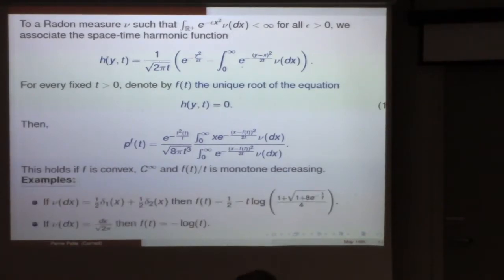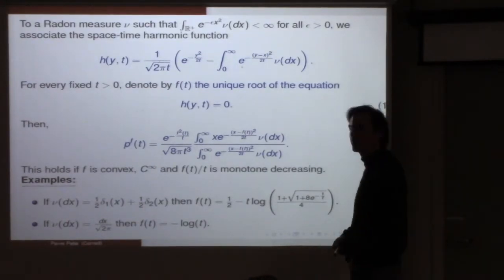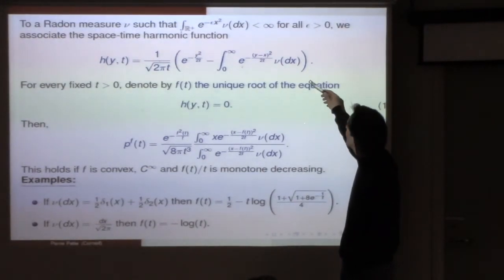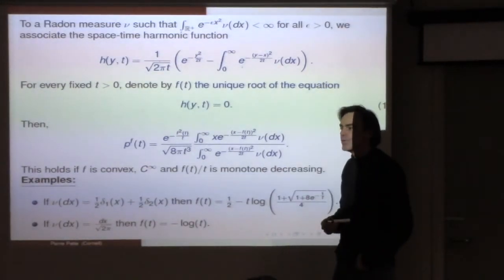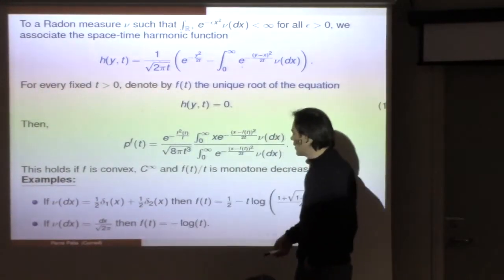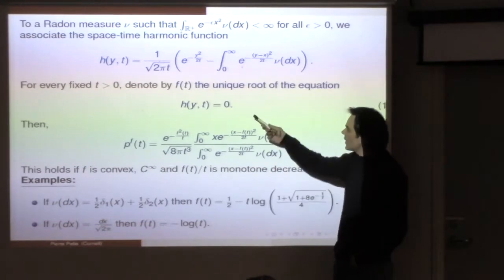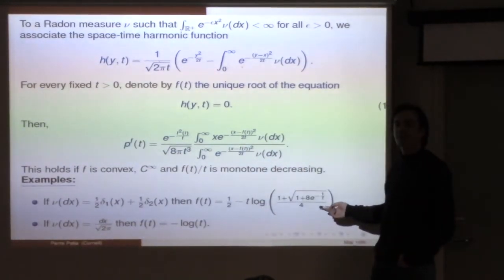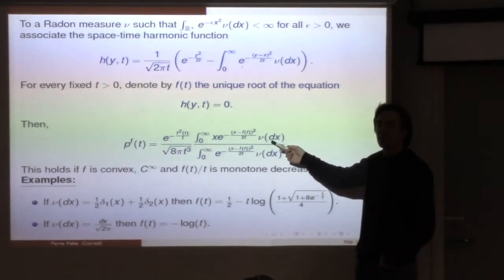So I'm just providing you some examples of curves that you can obtain from this method. If you start with the measure mu to be the sum of two Dirac point masses at 1 and 2, you can solve this implicit equation and you will obtain this curve here, f(t), and then it's an easy matter to get the density.